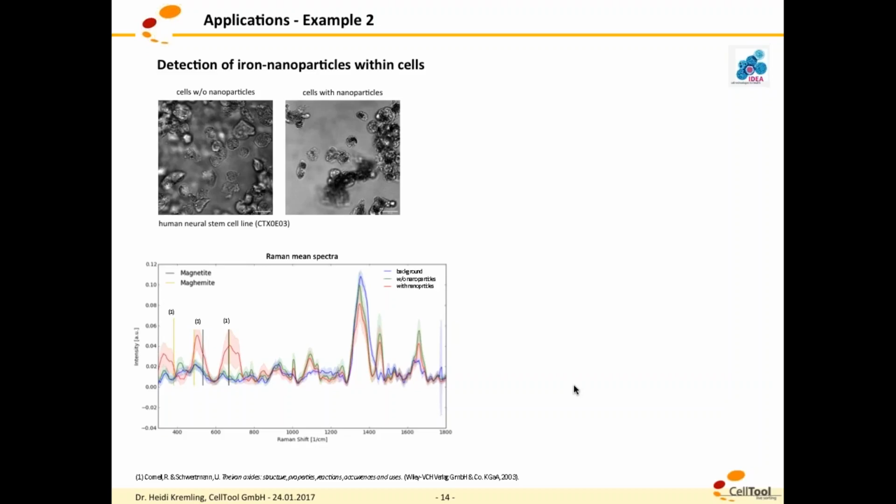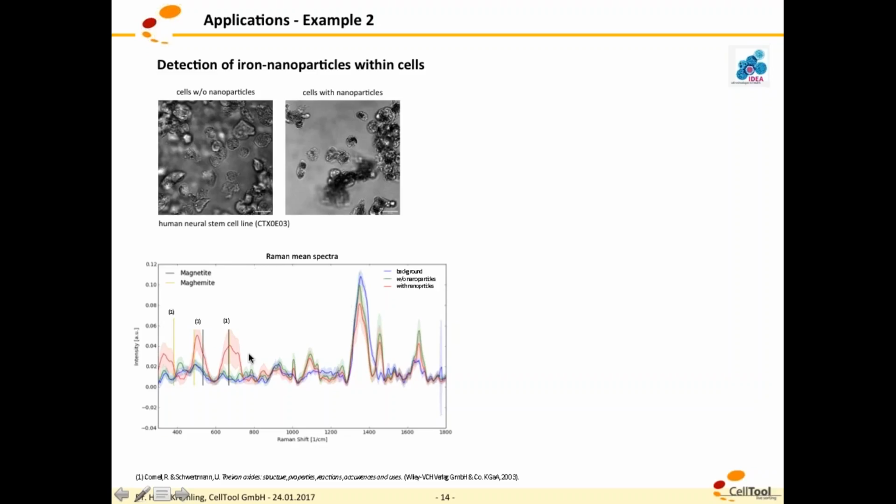After several hours of incubation, we fixed these cells in PFA and compared them with other CTX cells which were not incubated with these nanoparticles. You can see here representative pictures. So the cells look more or less the same. However, you can see these dark spots. These are the iron nanoparticles.